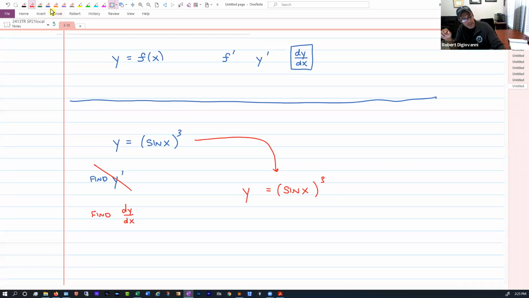We are going to take the left side of the equation and want to know what the derivative of the left side is with respect to x. By me putting dx on the bottom, that means I want you to treat x as if it's the independent variable, the thing that's getting plugged in. x is getting plugged in and y is what comes out. I want you to do that on the left side. And on the right side, I want you to take the derivative with respect to x of this.